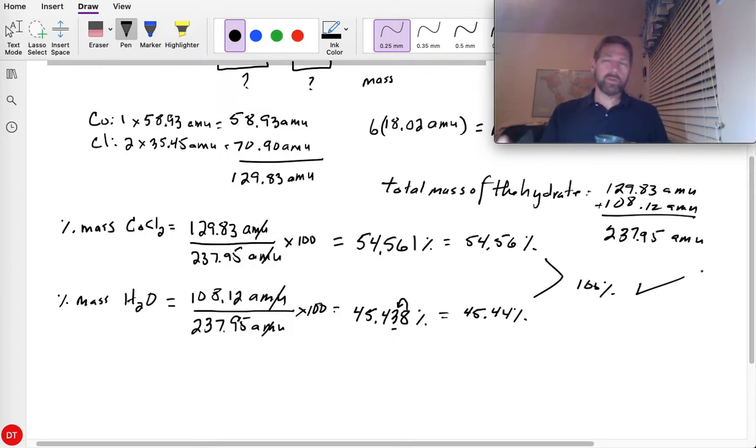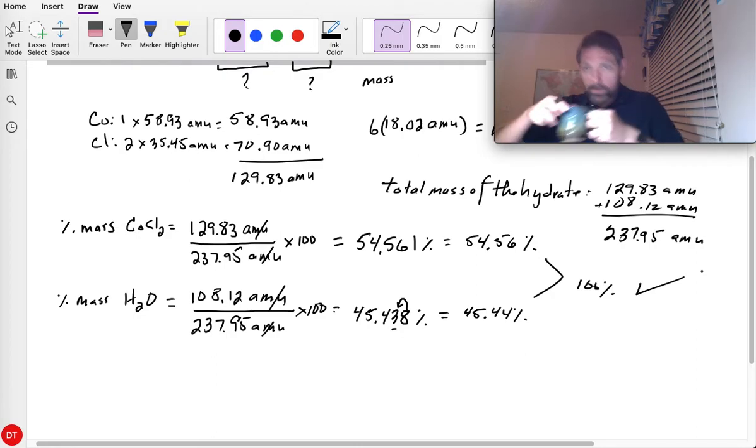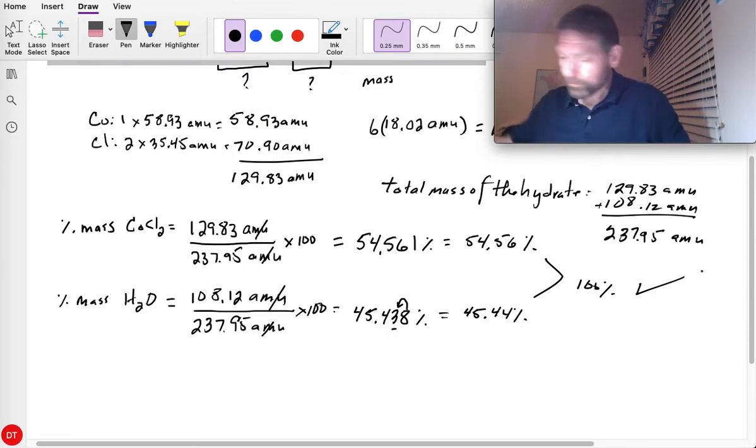So I mean, it's close to a 50-50, but there's enough of a difference there, right? So armed with this knowledge, we can go into any sample size and we can figure out theoretically, if we had no error, how much should be salt and how much should be water.